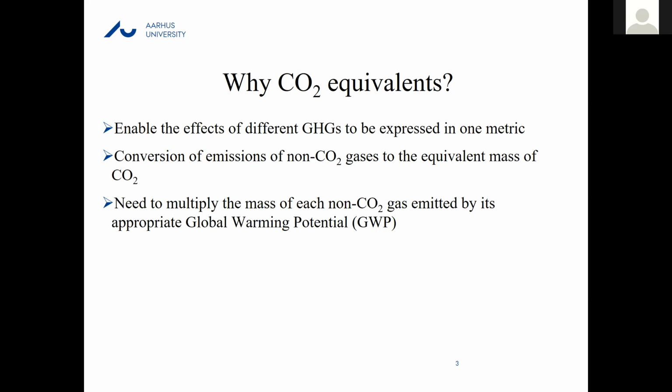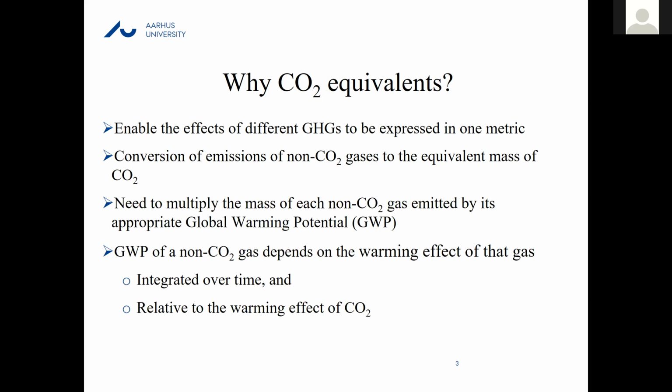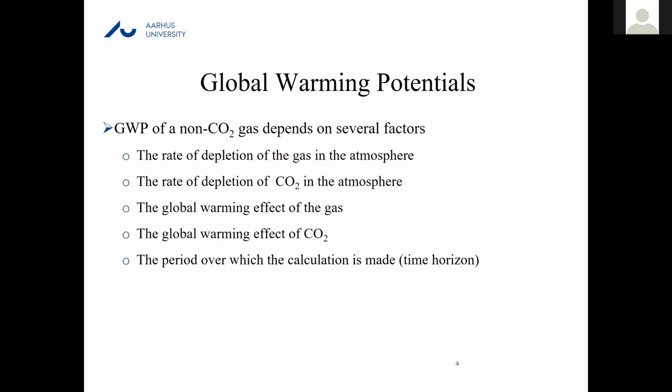The global warming potential of a non-CO2 gas depends on the warming effect of that gas integrated over time and relative to the warming effect of CO2 also integrated over time. The global warming potential of a non-CO2 gas therefore depends on several factors.